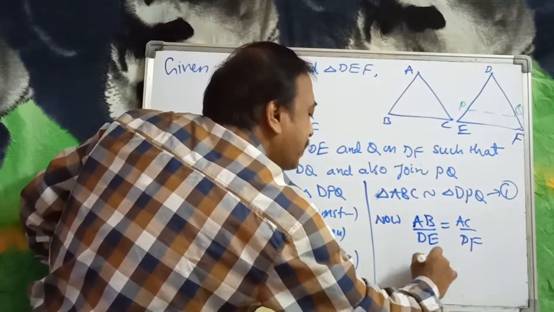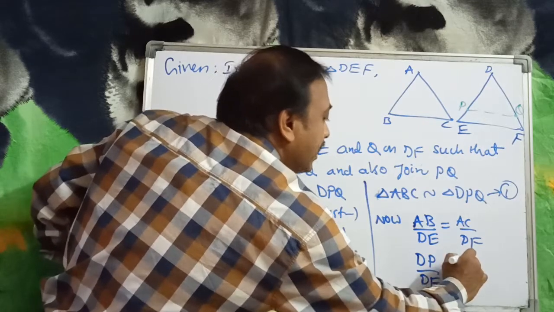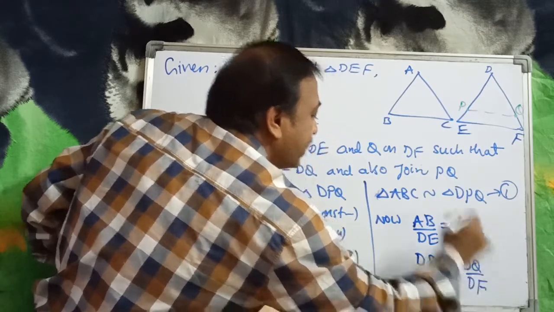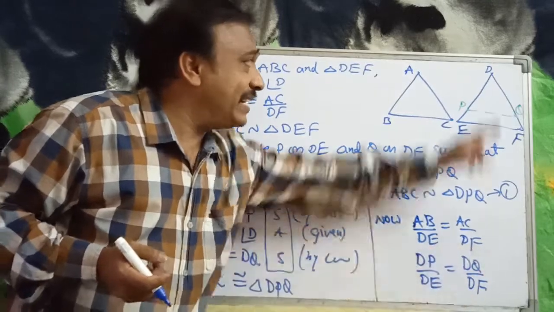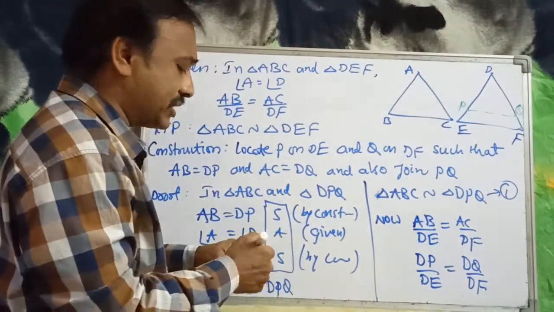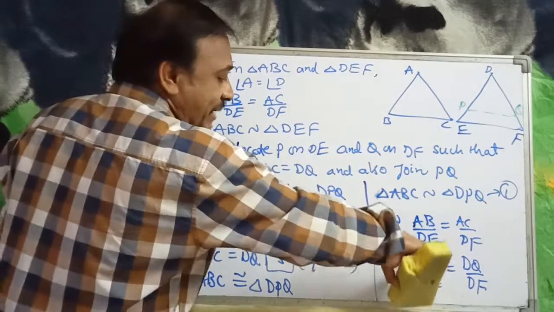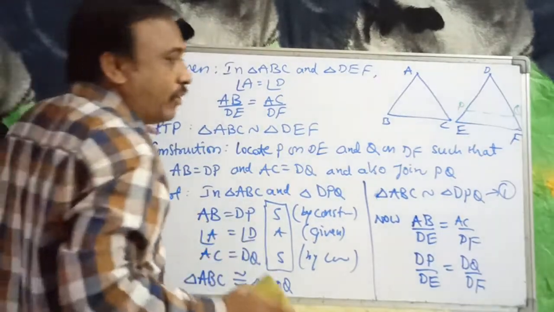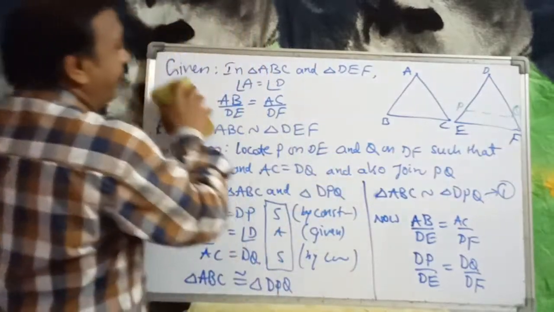So DP by DE is equal to DQ by DF. That is the application of the basic proportionality theorem. If DP by DE is equal to DQ by DF in triangle DEF, what can we say? PQ is parallel to EF.